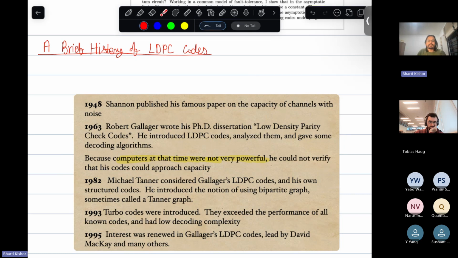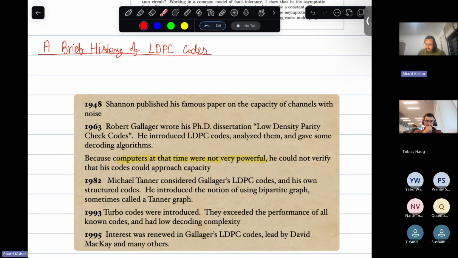So this is something interesting, right? You see that the theory was developed, but the decoding algorithms were not that good. So for almost two decades, people did not focus much on Gallager's LDPC codes.